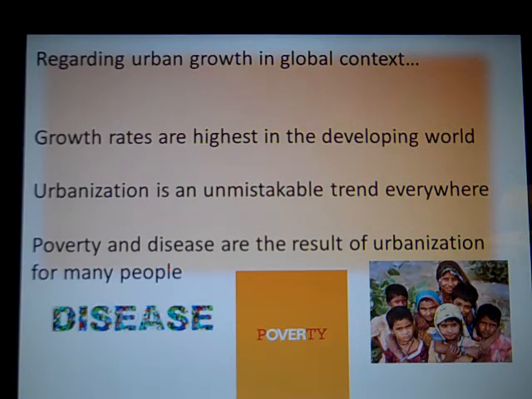And what we're finding, again especially in underdeveloped parts of the world, is that poverty and disease are the result of urbanization for many people. Now, in industrialized countries, more advanced countries like ours, we've come through that industrial revolution period. We've come through those horrific working conditions and pollution and child labor and all those horrible things that decreased life expectancy and quality of life.